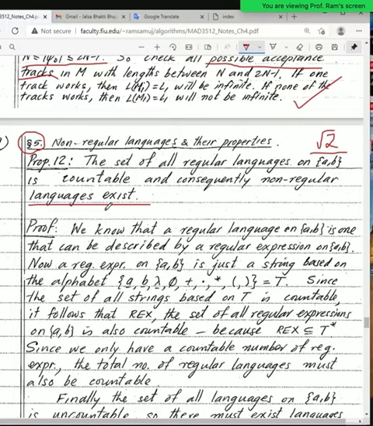And then he says the set of rational numbers is countable, and that means there exists a real number which is not rational. But people knew already about square root of 2, so they actually had a concrete example. So this proposition 12 is saying something similar to what Cantor did. We know the set of all regular languages is countable and the set of all languages is uncountable. Consequently, non-regular languages exist, right?